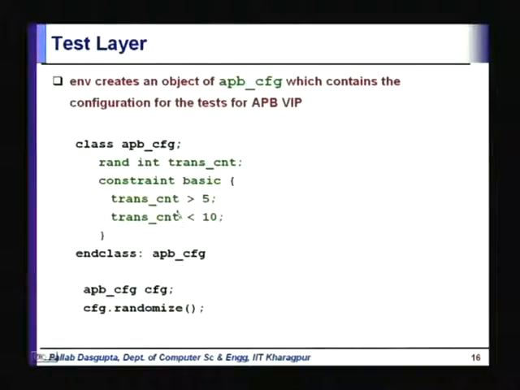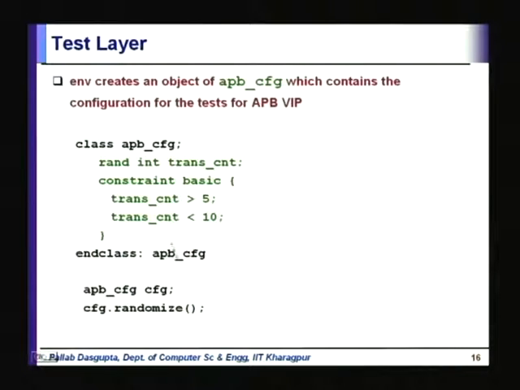I randomize the address here with this range, okay. So I say randomize with ADDR less than this, ADDR greater than this. In some other place in the test bench, I can again randomize the ADDR with a different interval, right. So that is where we would use the with construct, and this is a generic construct which is going to be applicable every time APB CFG, and every instance of this, is randomized. So CFG is an instance of APB CFG. Whenever I call CFG.randomize, it is going to honor these two constraints, right.